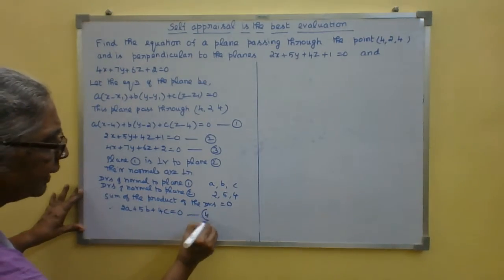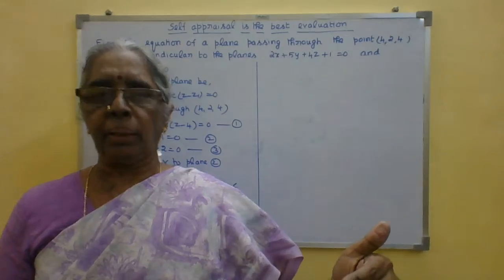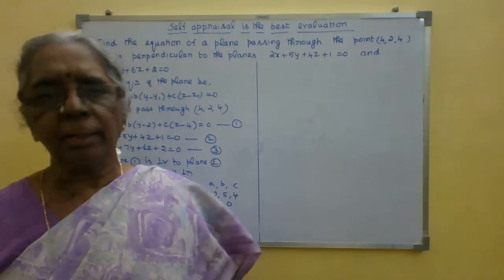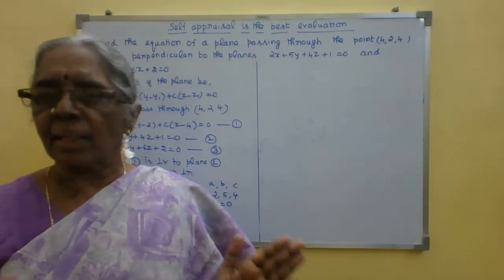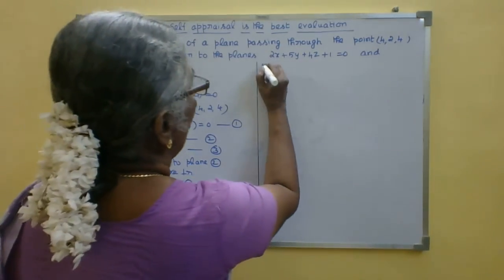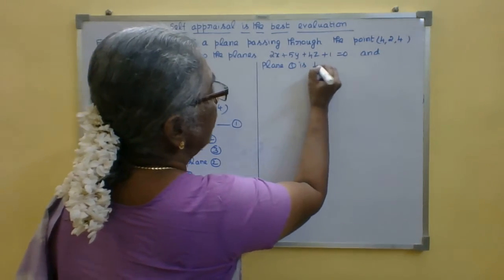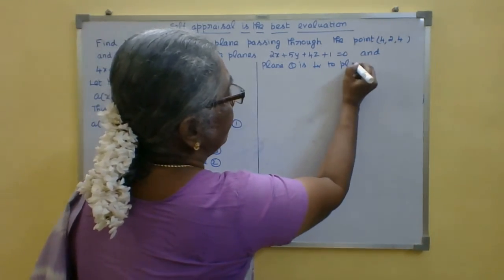Let us mark it as equation 4. Now planes 1 and 2 are perpendicular, so their normals are perpendicular, and the sum of the product of the DRs is equal to 0. Let us use the same concept for 1 and 3. Now plane 1 is perpendicular to plane 3.